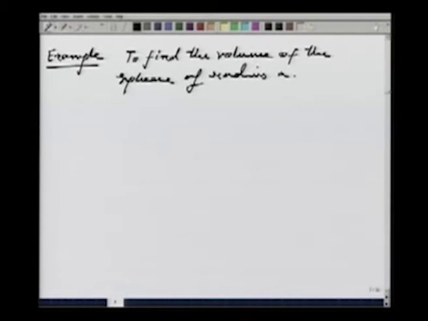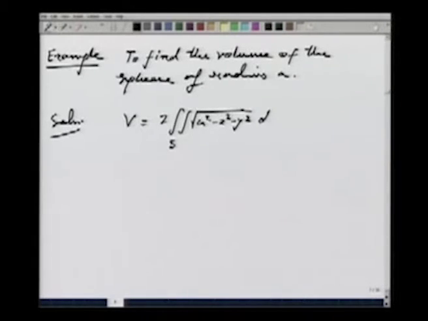Then I know very easily that this volume V by symmetry is given by 2 times the double integral over S of the square root of a square minus x square minus y square dx dy, where S denotes the upper half of the sphere.